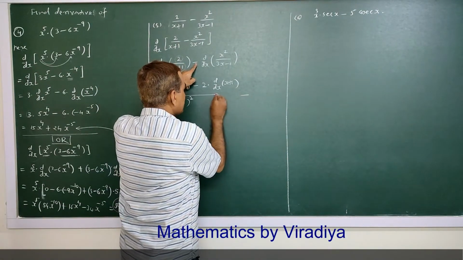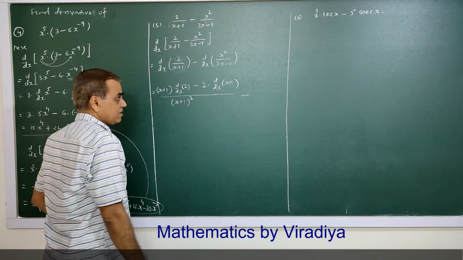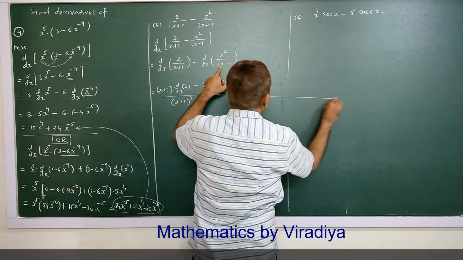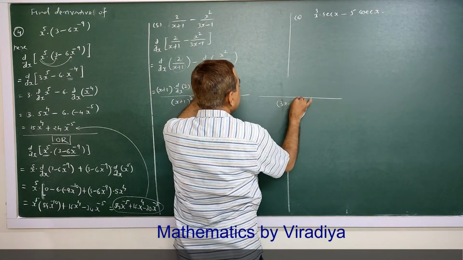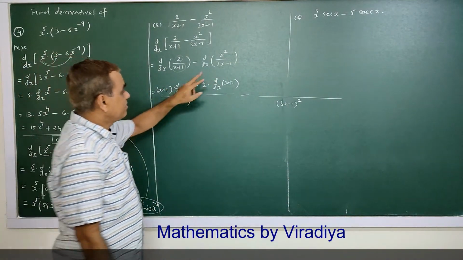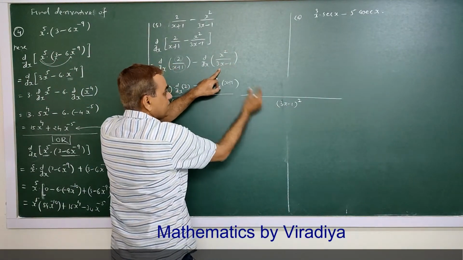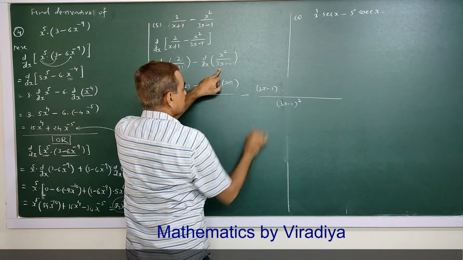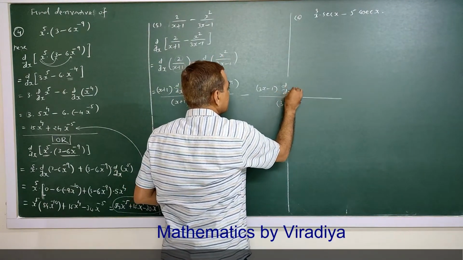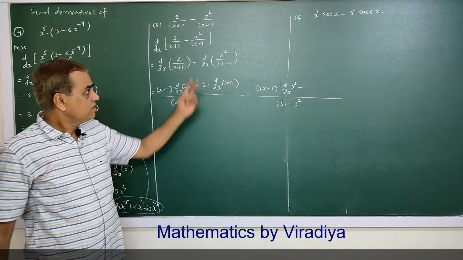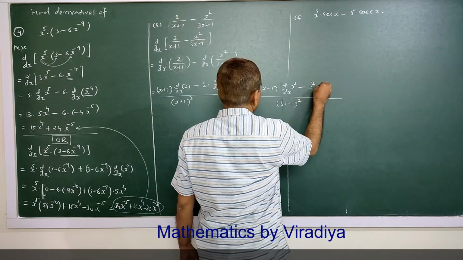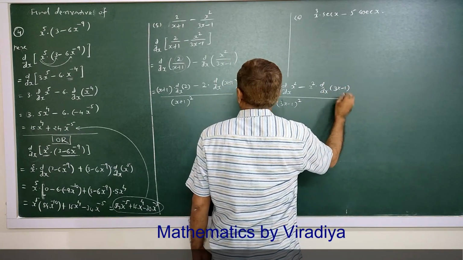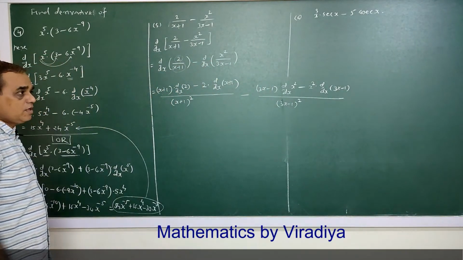Then minus, now for this expression, once again the application of u by v in this second term: over v square, v as it is, derivative of u, minus u as it is, derivative of v.